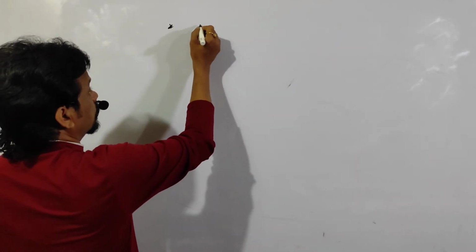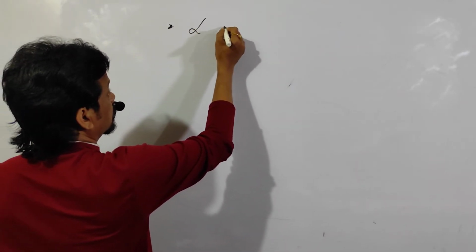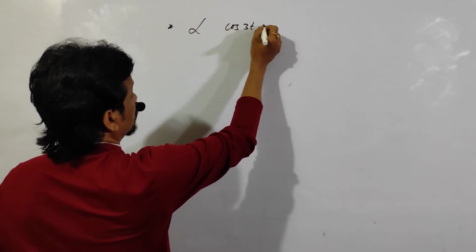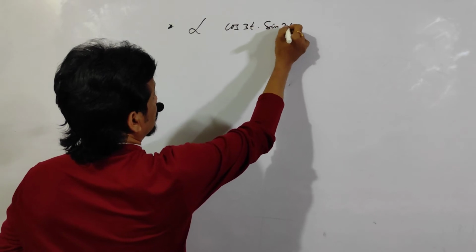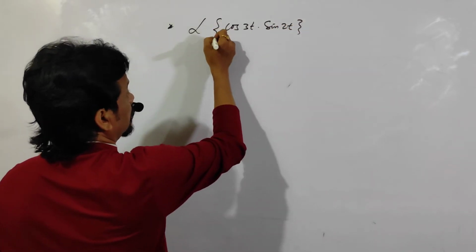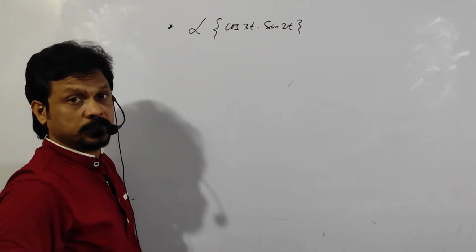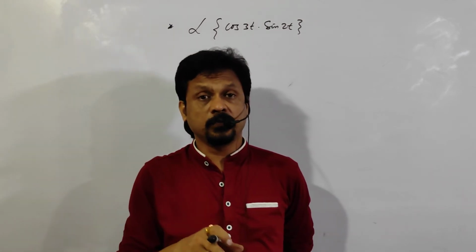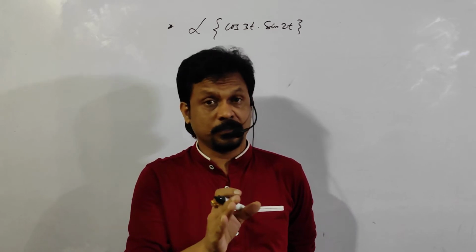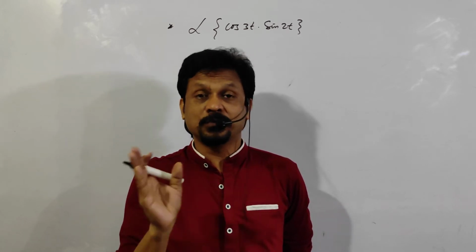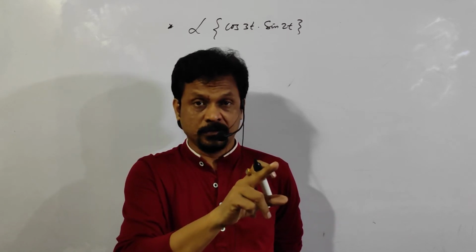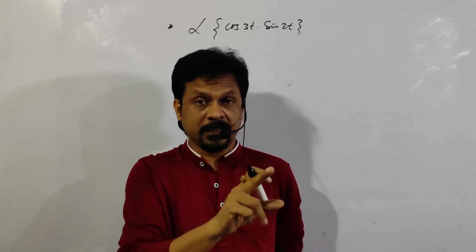Okay. Now see here another example. Laplace of cos 3t into sin 2t. How to find out the Laplace of this function? So there are four formulas: 2 sin A into cos B, 2 cos A into sin B, 2 sin A into sin B, 2 cos A into cos B. Sin cos, cos sin, sin sin, cos cos.